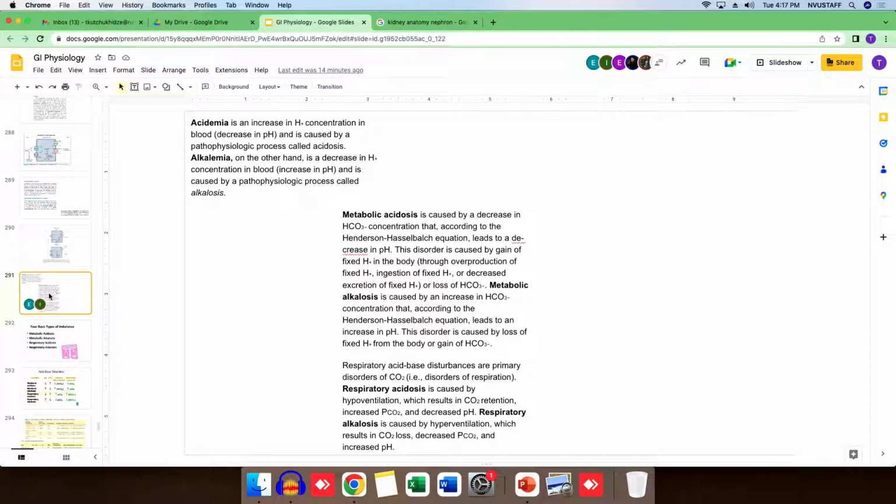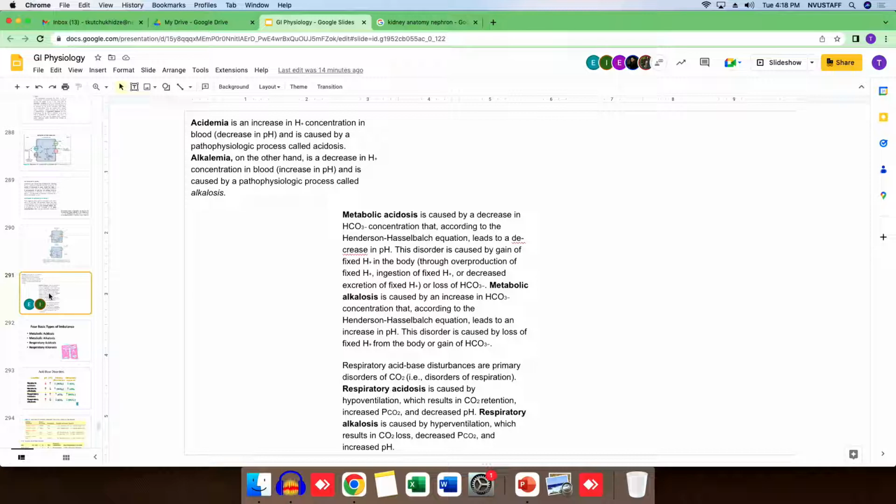We're having two types of them. We're having respiratory and metabolic. What's the difference between them now? For example, metabolic acidosis is caused by decreased concentration of the bicarbonate, for example in the lumen, right? And in the blood.